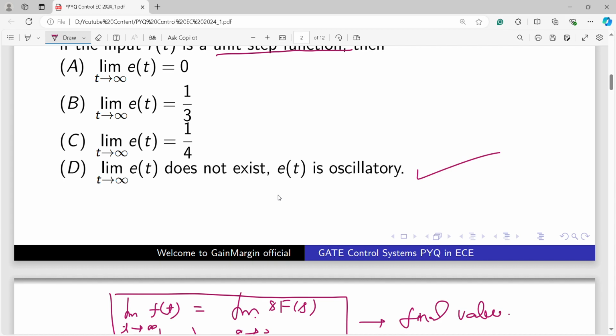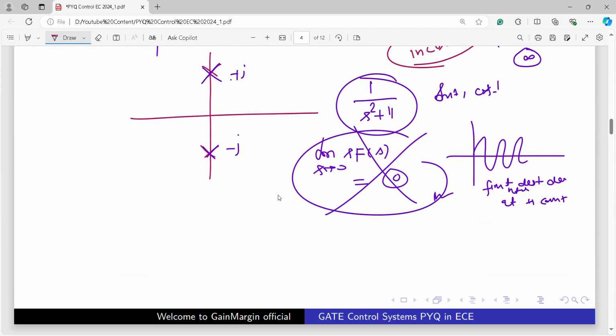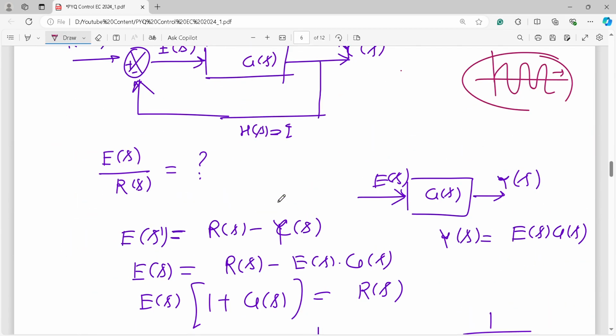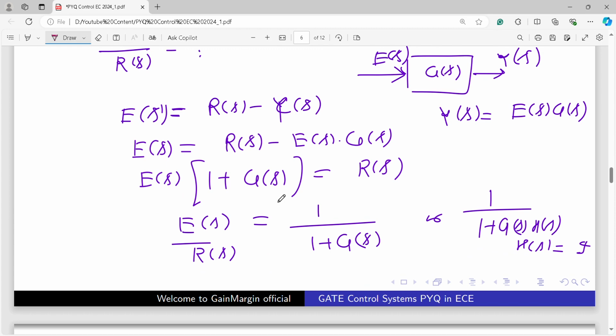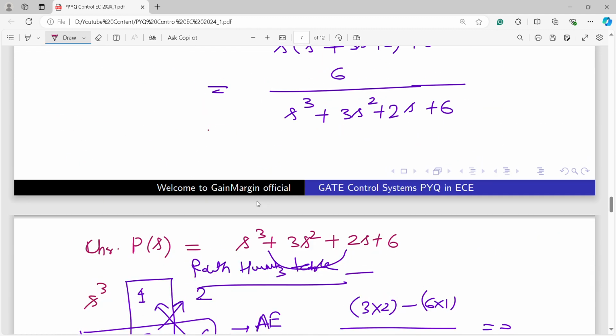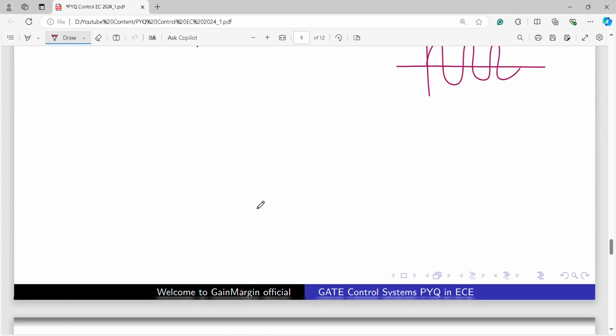Okay, for the sake of completeness let us apply our formula, but the point is that if you apply the formula here we will end up with an incorrect answer. Let's see.